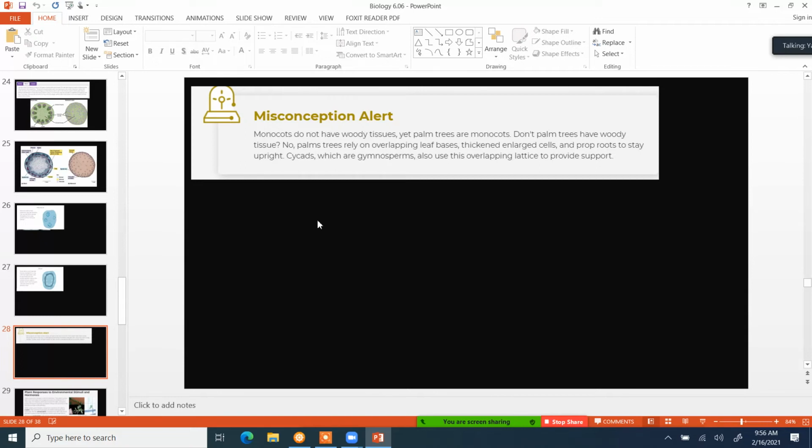So it's saying no, palm trees rely on overlapping leaf bases, thickened and large cells, and prop roots to stay upright. Even though some plants seem really tall and you can't bend them, so they must be made of some kind of woody tissue, some of these plants, like palm trees, have other ways of producing the same kind of support.